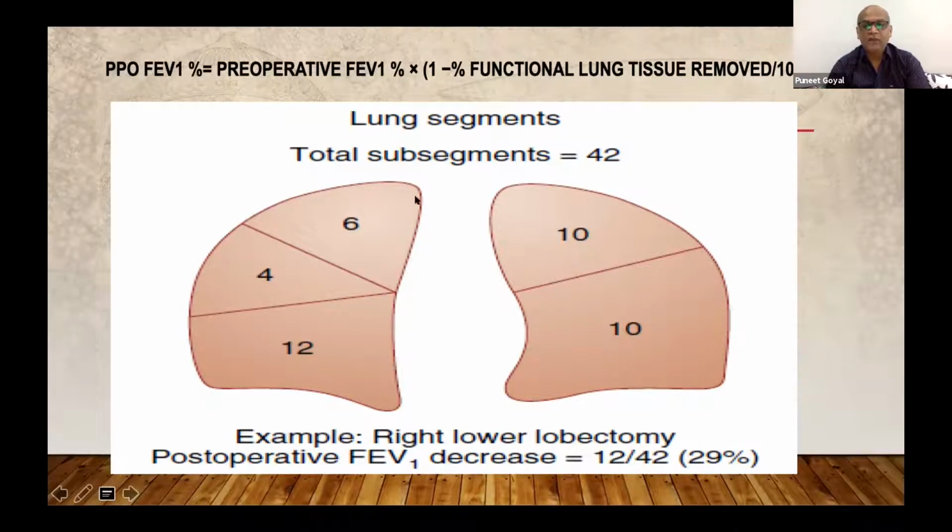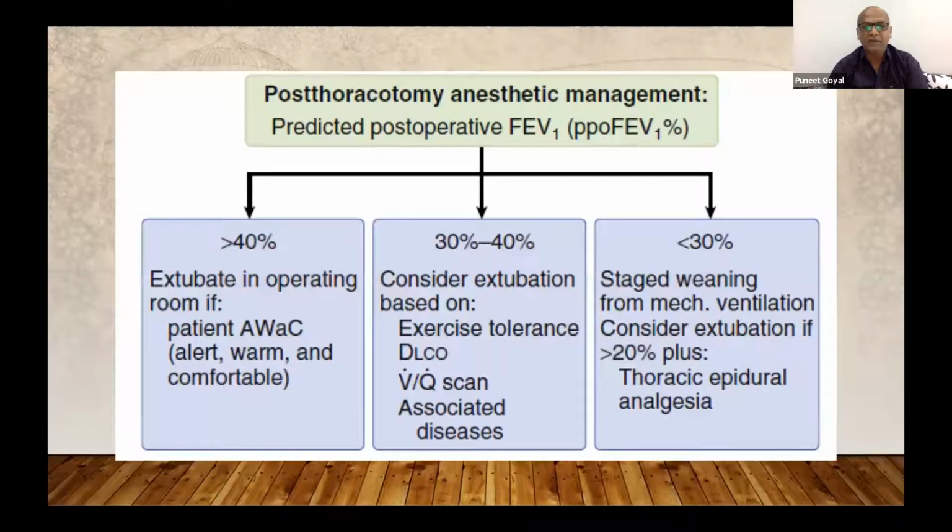So if we are going to remove the right lower lobe, then the calculation of the postoperative FEV1 decrease will be 12/42. That is a 29% reduction in the FEV1. That's how we can calculate and predict the postoperative FEV1. And based on this predicted postoperative FEV1, if it is more than 40%, then the patient is considered low risk.